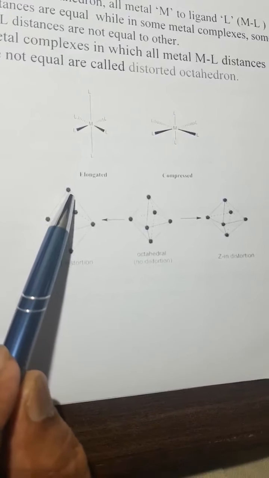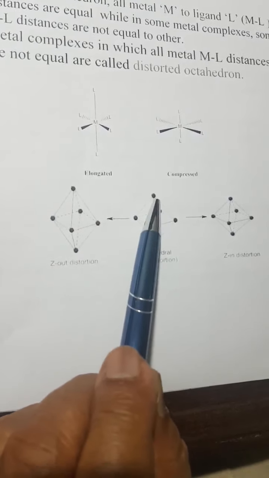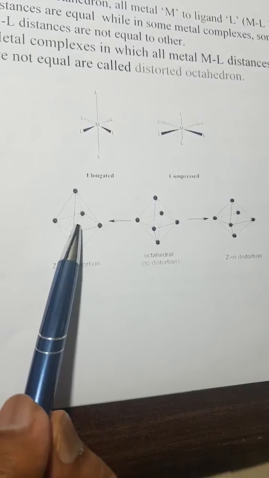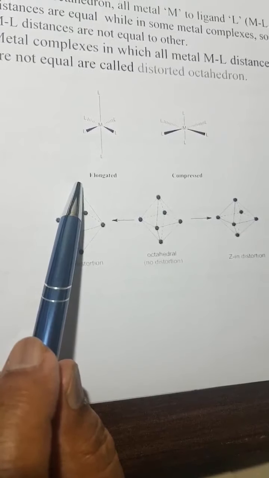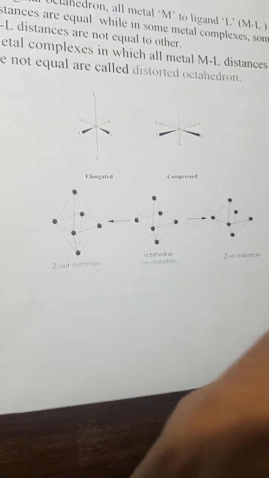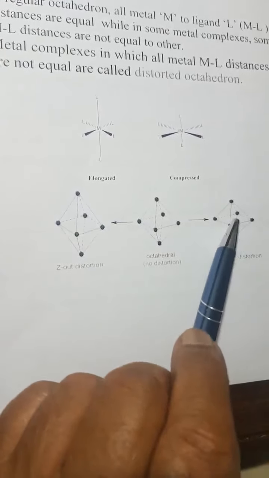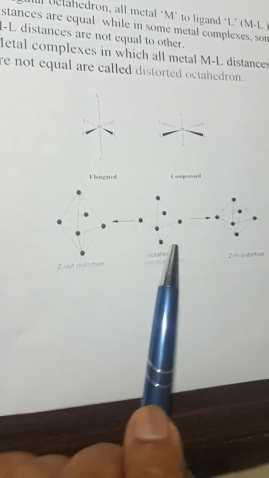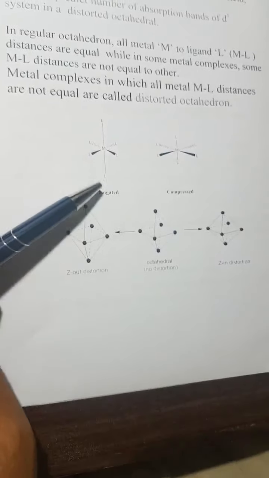This bond distance is longer than this one, so it is elongated in the Z direction. This is another distortion, where the top is compressed down. So this is distorted, this is distorted, this is regular.